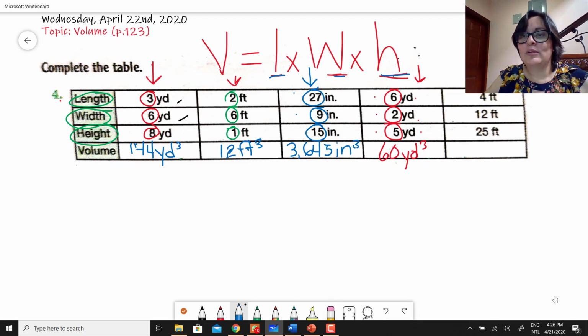So we have to multiply 4 times 12 times 25. Let's do it one by one. 4 times 12, or 12 times 4, that is easier. 4 times 2, 8, and 4 times 1, 4. So 4 times 12 is 48.